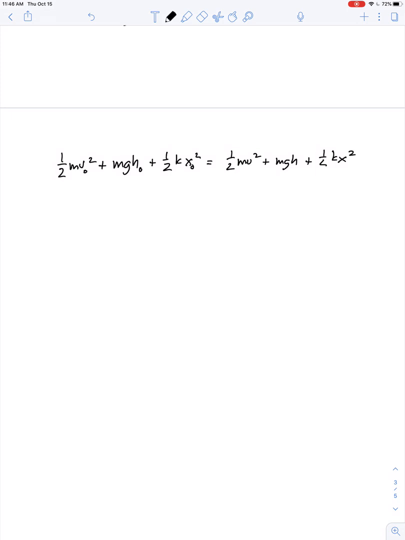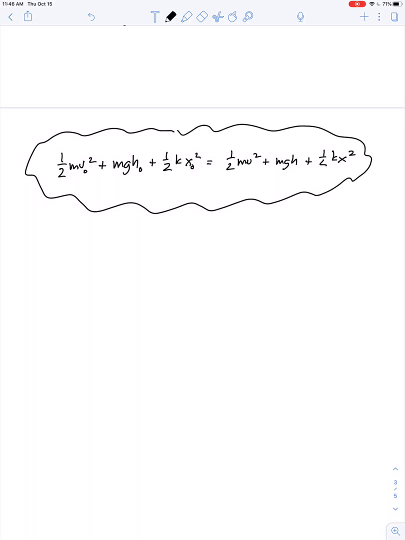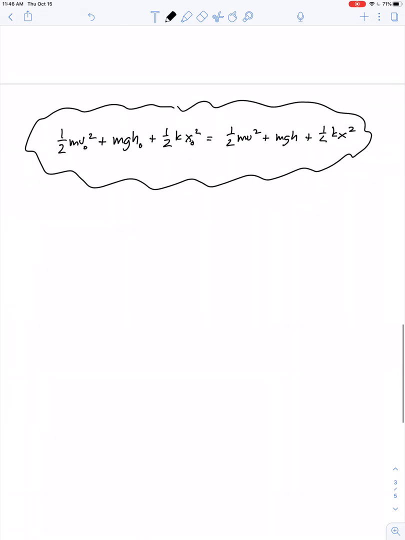Now there may be some cases when we apply this equation where we can let some of these quantities be equal to 0. For example, what if we were just trying to figure out how fast an object hits the ground when released from rest from a height of h. So we'll say the floor is h equals 0, the object is dropped from a height of h, and we're trying to find how fast it travels when it hits the ground.